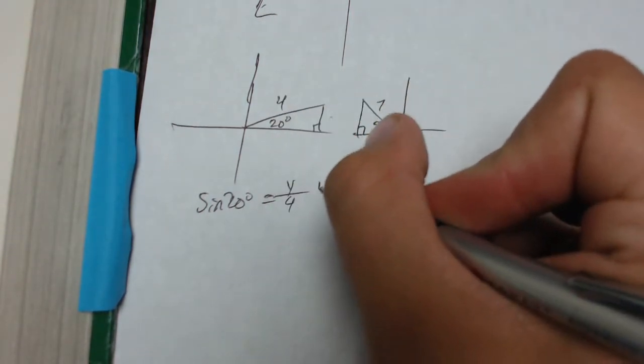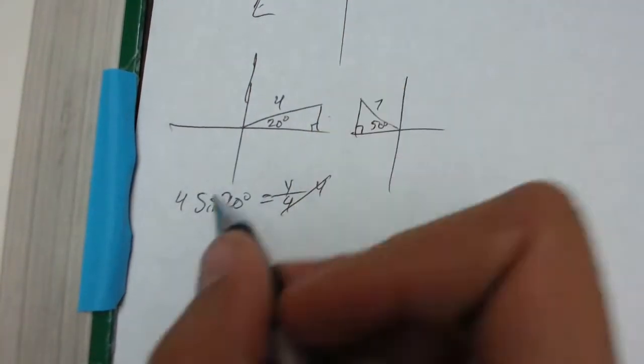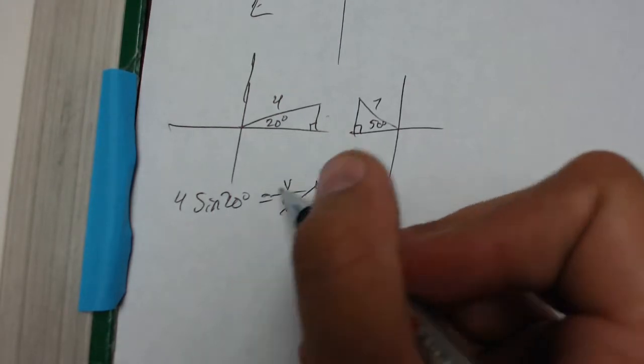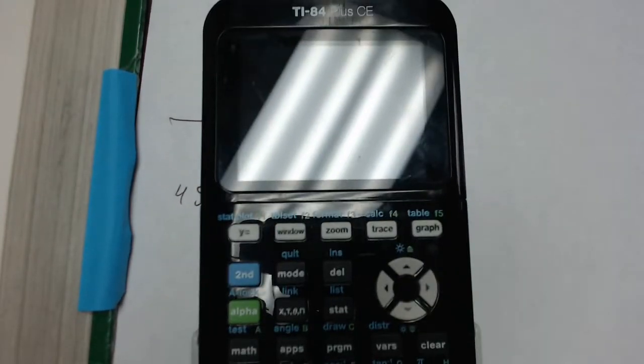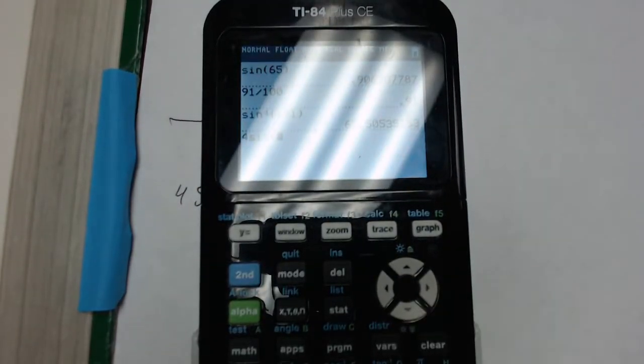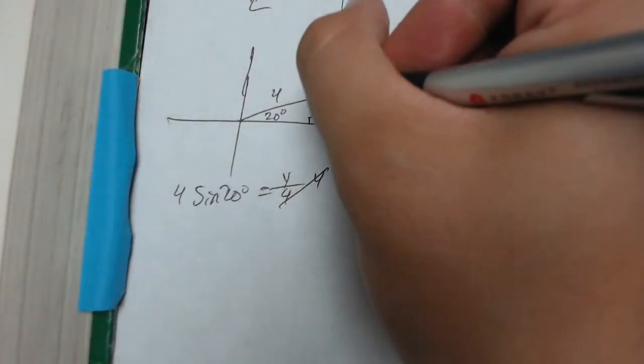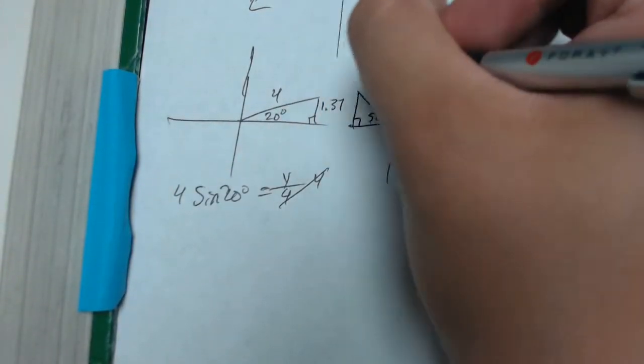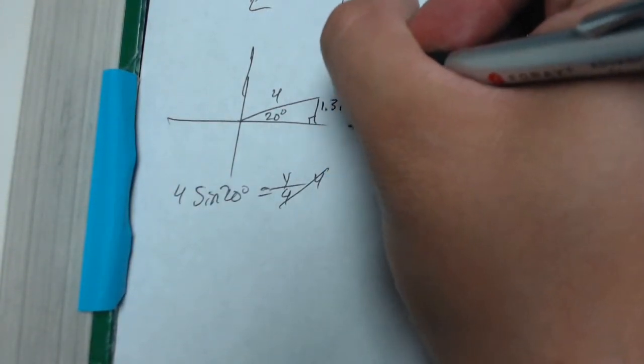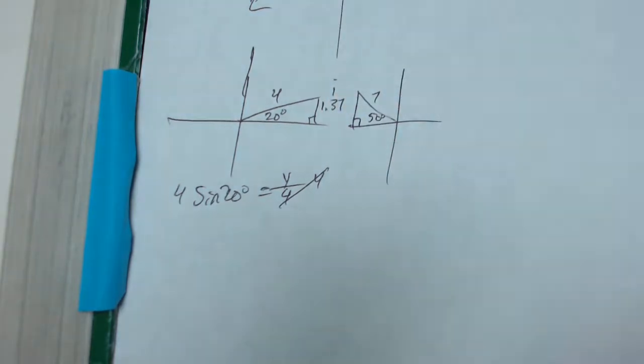To solve this, I multiply each side by 4. So my hypotenuse times the sine of the angle is going to equal y. 4 sine 20, and parentheses, enter, and I get 1.37.